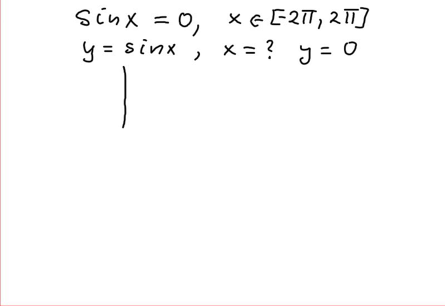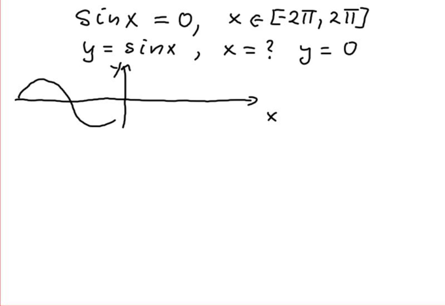Just quickly remind ourselves that this is the y-axis, this is the x, and I'm going to do two waves, one for negative side, so negative 2 pi to 0, and from 0 to 2 pi. So we have negative 2 pi, negative pi, 0, pi, and 2 pi.